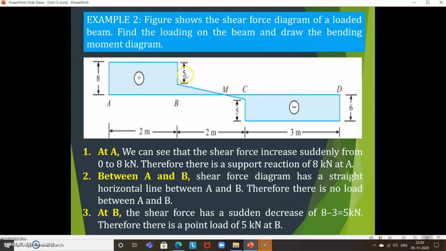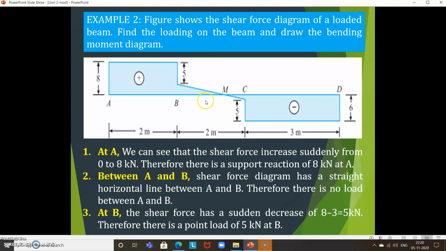So there is a decrease of 8 minus 3, which is equal to 5 kilonewton. Means there is one point load of 5 kilonewton at B. So you have to put one point load of 5 kilonewton at B.